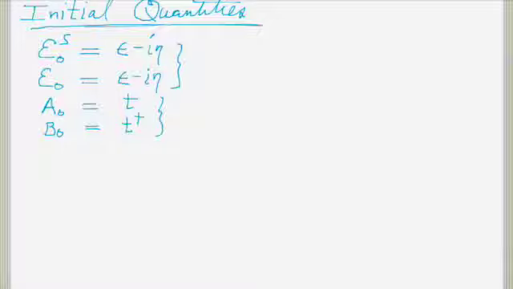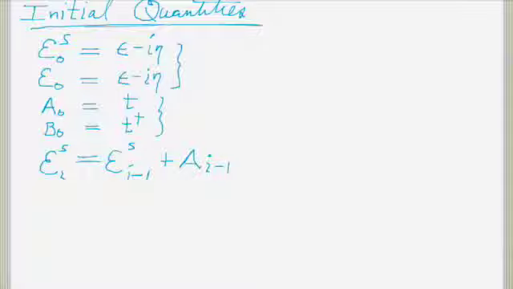So we've got epsilon, or this E i, so this is my iteration number, E i S is equal to E i minus 1 S, plus A i minus 1.